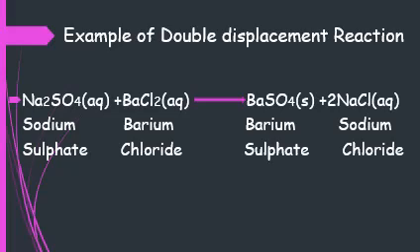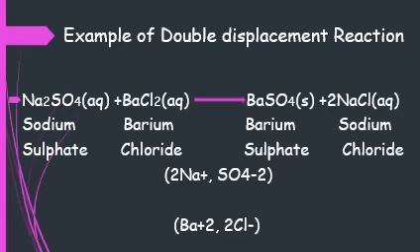Now how is the reaction actually taking place? If we see the reactants, first of all, sodium sulfate, which is made out of two ions, Na+ and SO4 2-, and the other reactant, which is BaCl2, made out of the other two ions, Ba 2+ and Cl-.